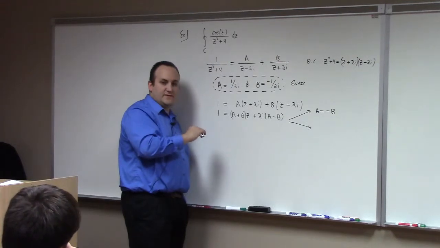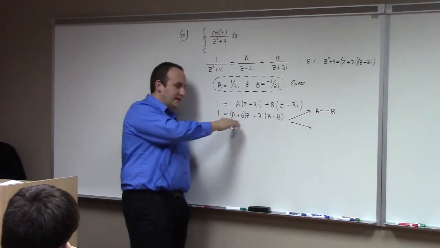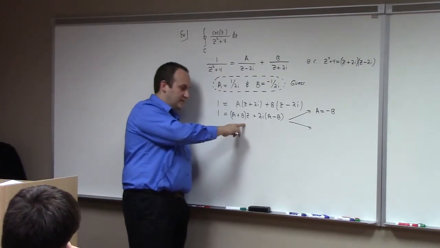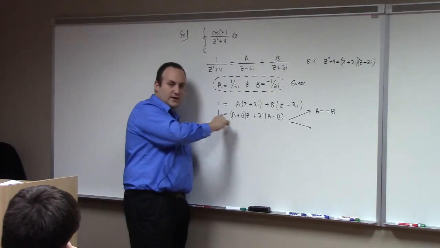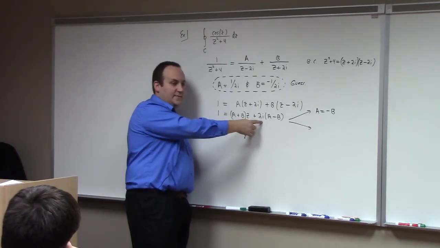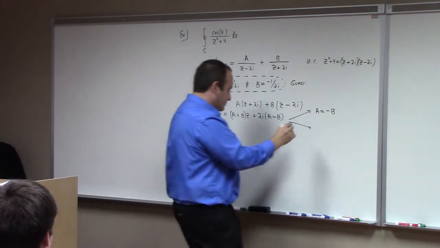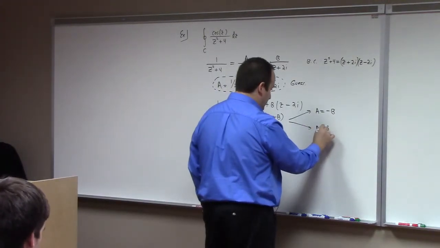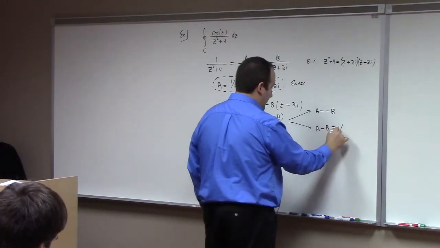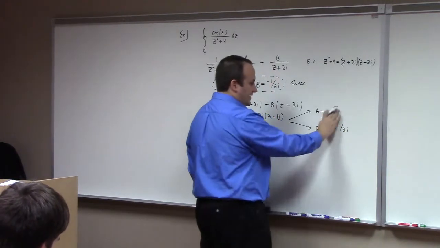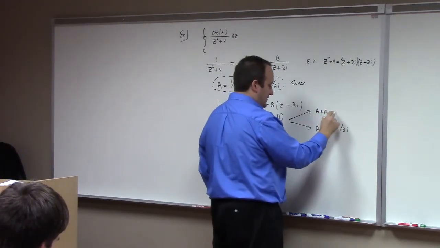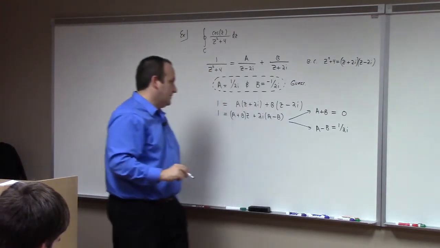So a plus b has to be 0. A is equal to minus b. If I plug in z equals 0 in this given equation, what do I get? 1 is equal to 2i times a minus b. So I get a minus b is equal to 1 over 2i, right? I guess I can rewrite the last equation as a plus b equals 0. That might be more useful to me at the moment.